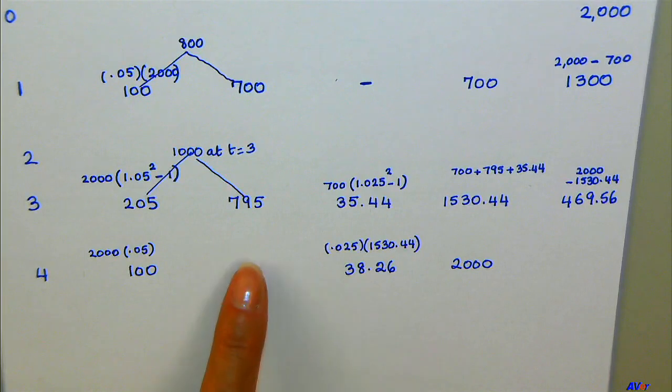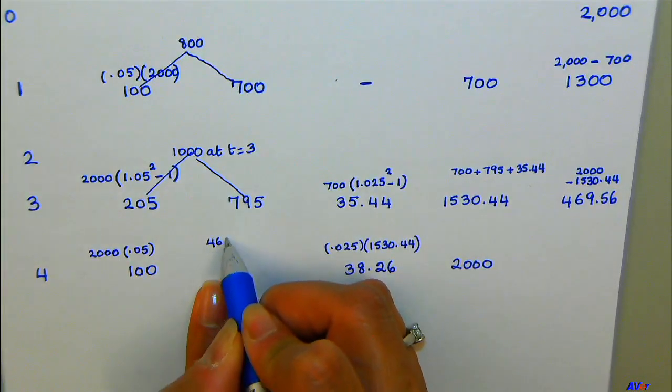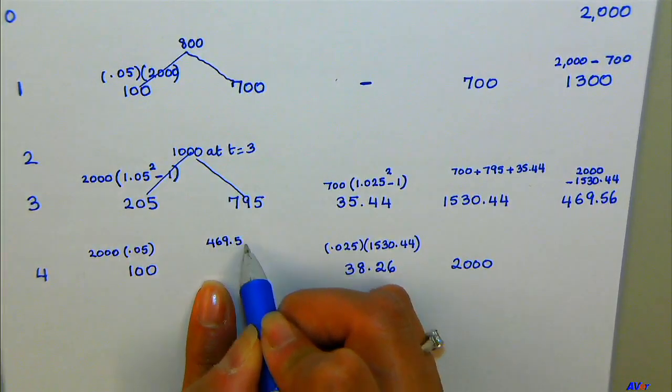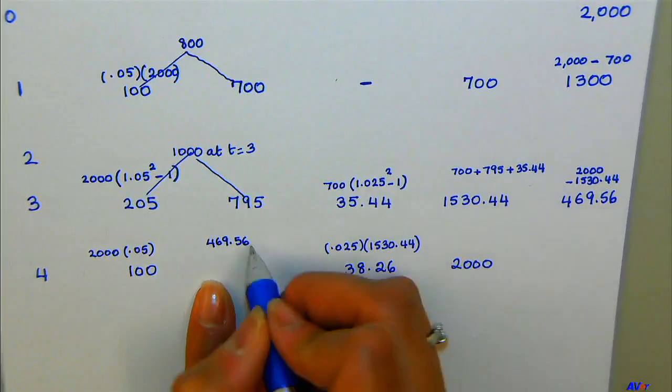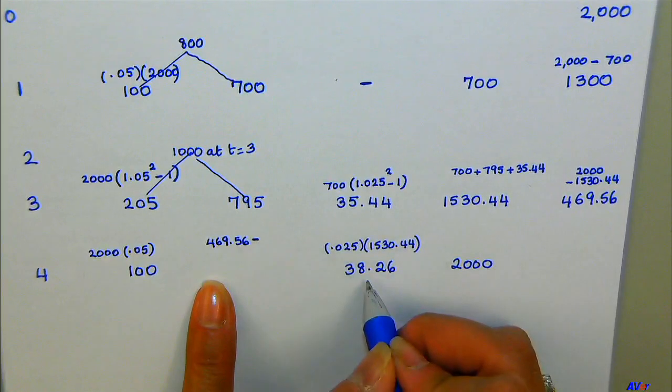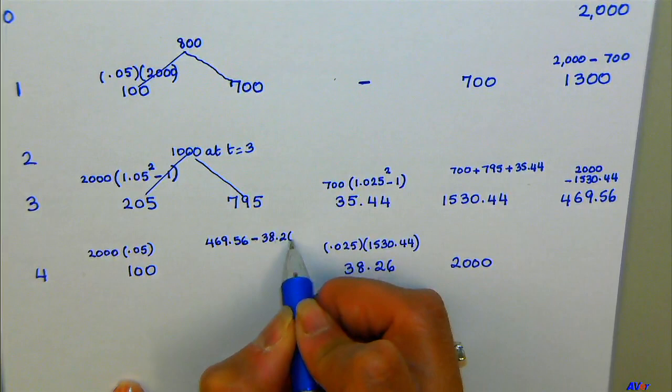So I have to figure out what my sinking fund deposit is. How about 469.56? This is what my net OLB is, minus the interest from the sinking fund, 38.26.